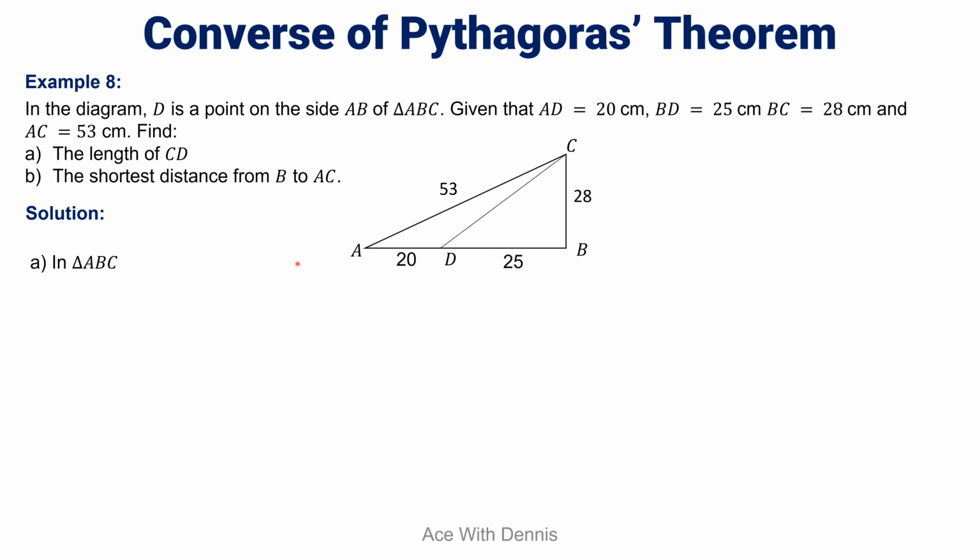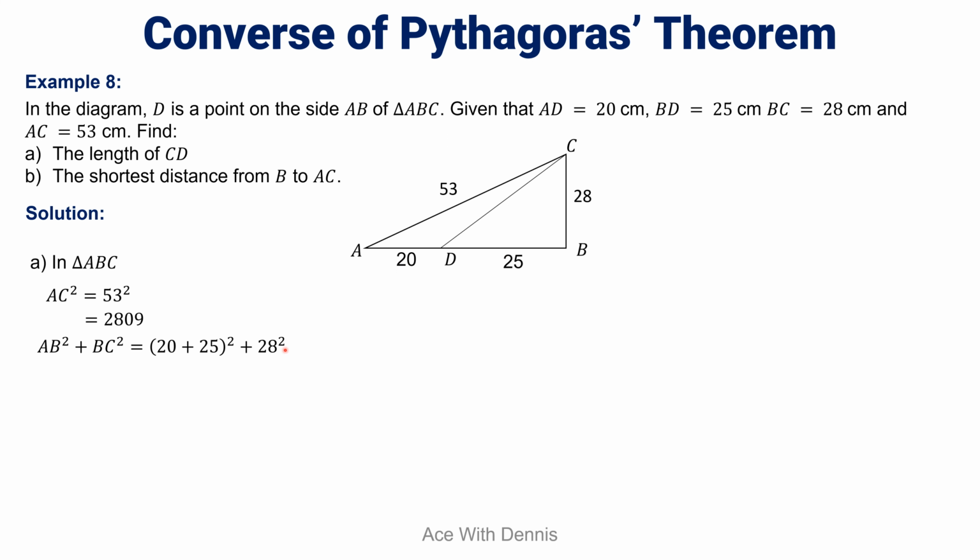So in this triangle ABC, we will find the value of AC square first, which is 53 square, and the value is 2,809. Next, the other two sides, which are AB and BC. So we will find AB square plus BC square. AB will be 20 plus 25, that is squared.